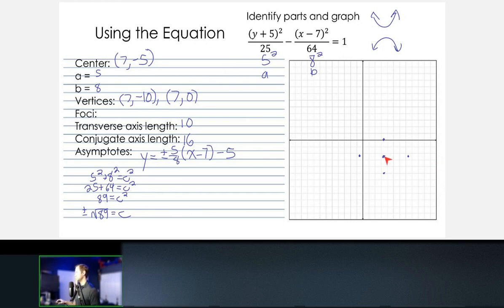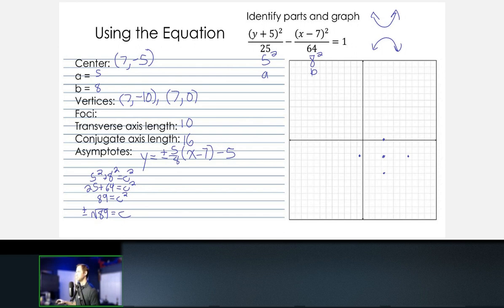So from the center, we're going to go up and down whatever C is equal to, which is radical 89. And rounding radical 89, I think it's about 9.4. So we're going to travel up and down 9.4 units. So let's go ahead and do that.